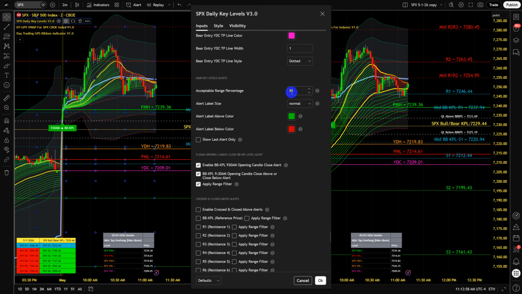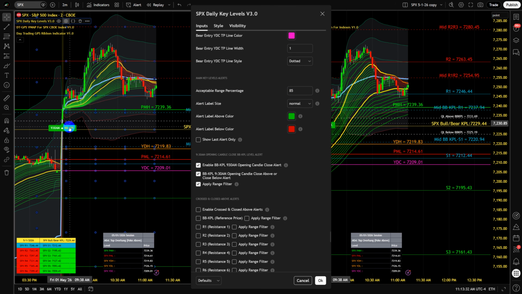What this does is it keeps you from entering a bullish or bearish trade off of a particular key level, whether it's a main key level or a contextual key level, where the close of that candle either above or below the particular key level in question is out of range. What that means is if it is out of range, if for example this was a close above but it was out of range, then the alert does not show.